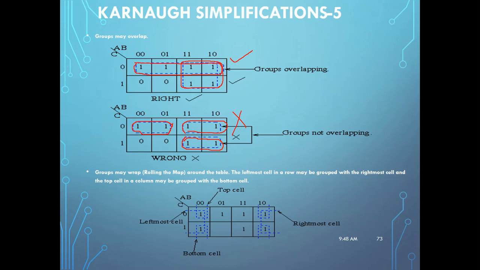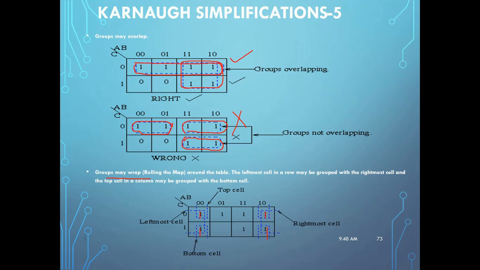The next thing is groups may wrap around the table. You can see here there are four ones at the corner. Now how can you group this? They are logically adjacent. You have a three variable K map here.